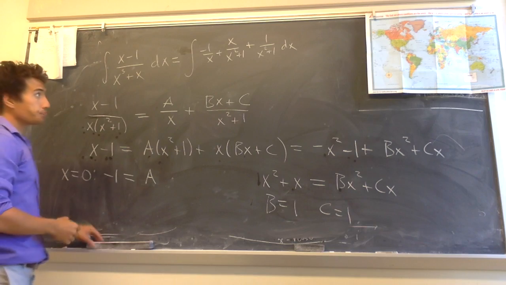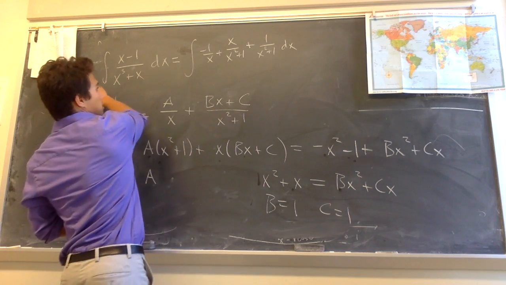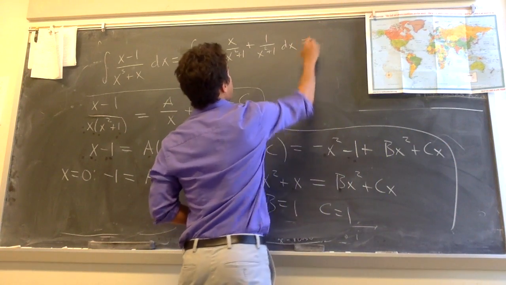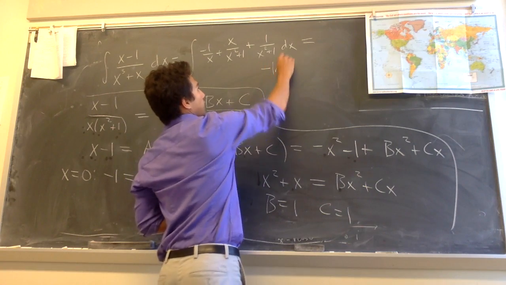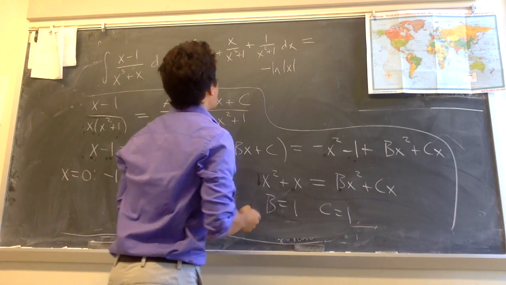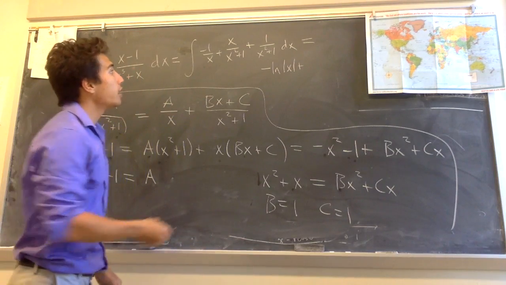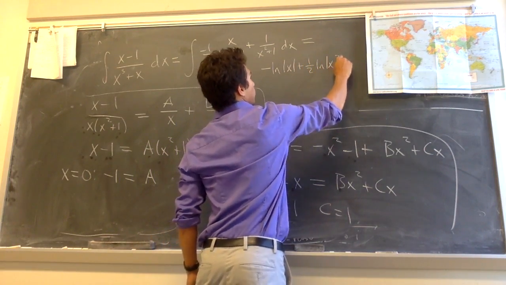And now I know how to integrate each of these pieces. The integral of negative 1 over x is negative log of x. The integral of x over x squared plus 1 is 1/2 log of x squared plus 1.